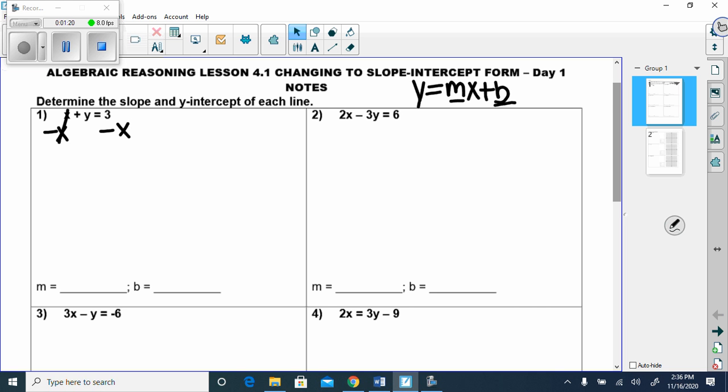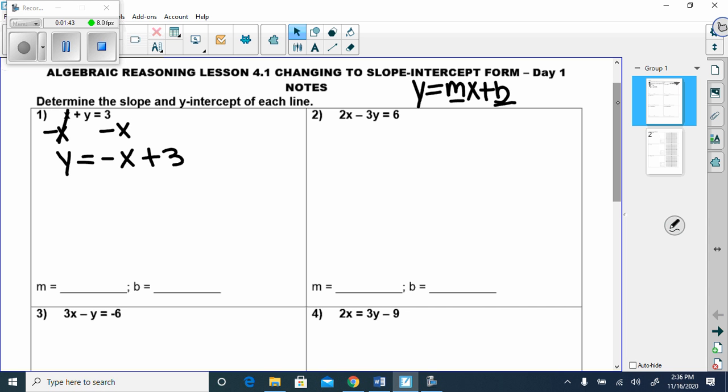So this went away. We have y equals, we have to put the x first. I cannot put 3 and x together because one of them is a letter and one of them is not. So I'm just going to have minus x, and then I have a positive 3, because it has to be in this order.